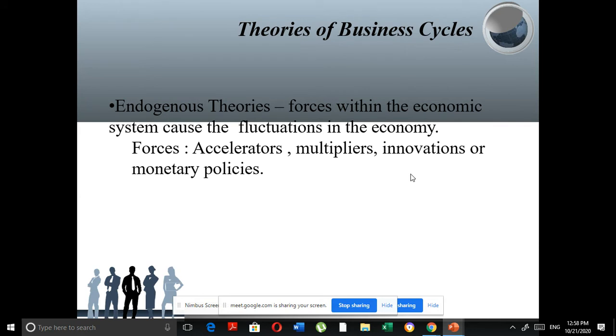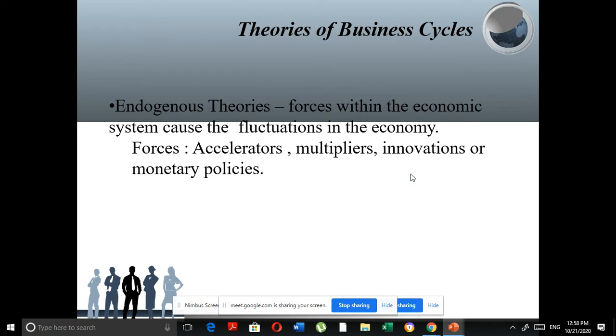So, endogenous theories are forces that are inside the economic system and they cause the fluctuations, the changes in the economy. For example, they are multipliers, some innovations, monetary policies, and accelerators.